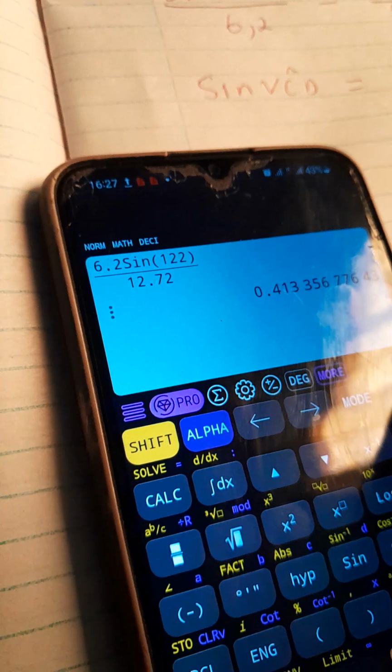Then we get sine VCD being equal to 0.413356776643.